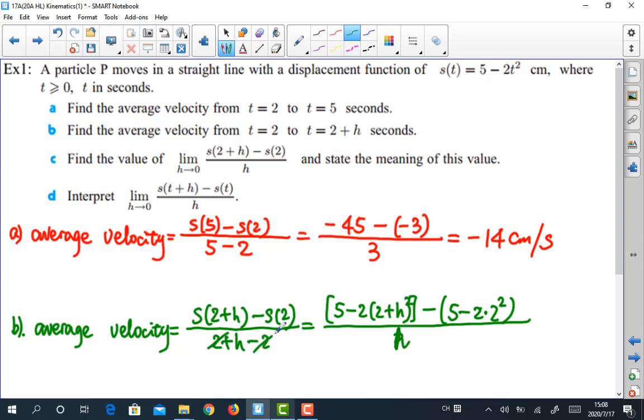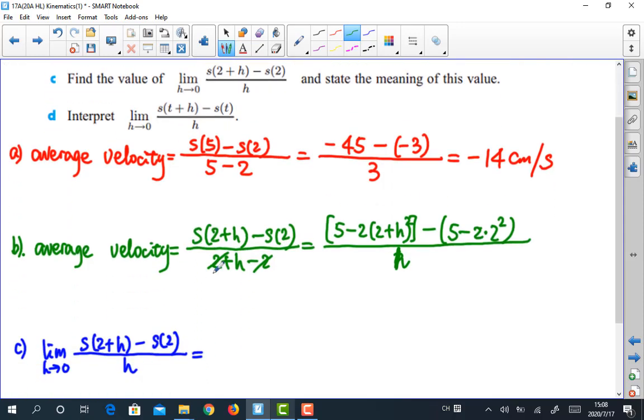So positive 2, negative 2, they cancel out. So right now what you need to do is just expand the brackets in the numerator and simplify it. After you open the brackets, you have 5 minus 8 minus 8h minus 2h squared plus 3 over h.